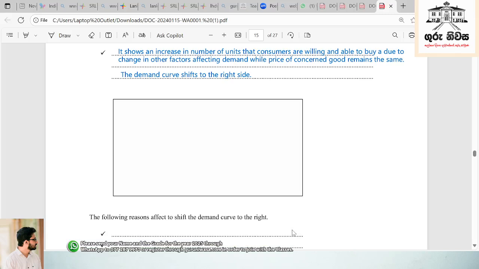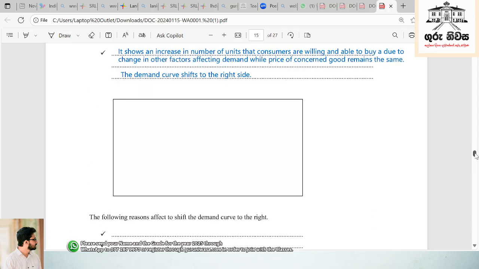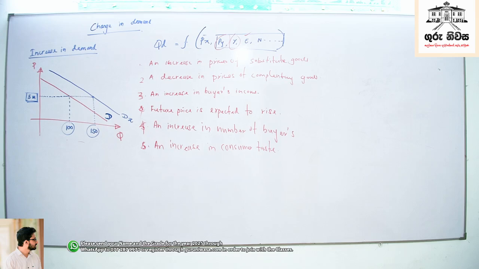Then the following reasons affect shifting the demand curve to the right side. Except product price, you can write anything, Lamai. I have given you some possible reasons.